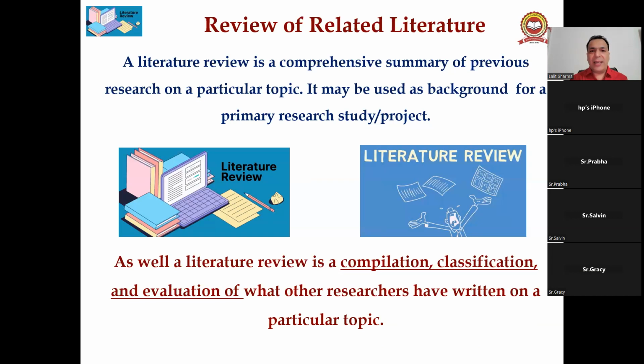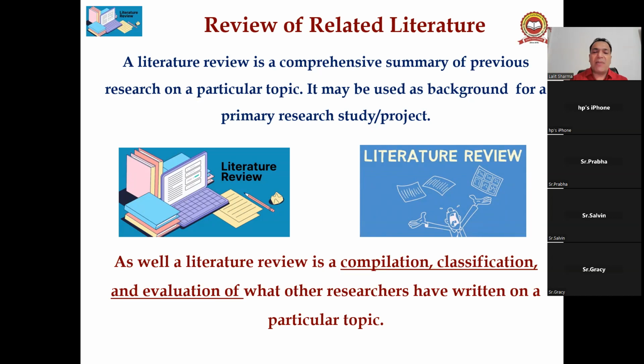So, what is it basically? So, guys, when you start writing your dissertation, your thesis, whatever the topic you have selected, this is called identifying a problem. Under the steps of the research, this is the second step basically, review of related literature.